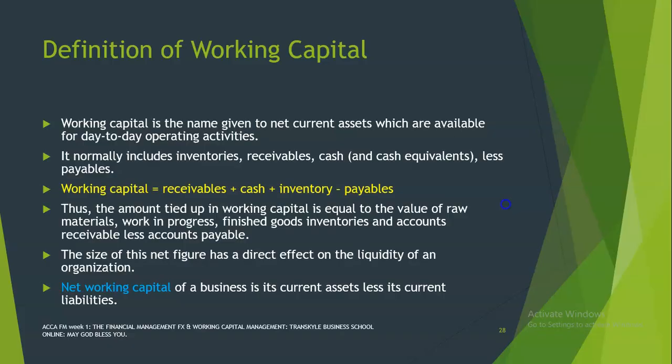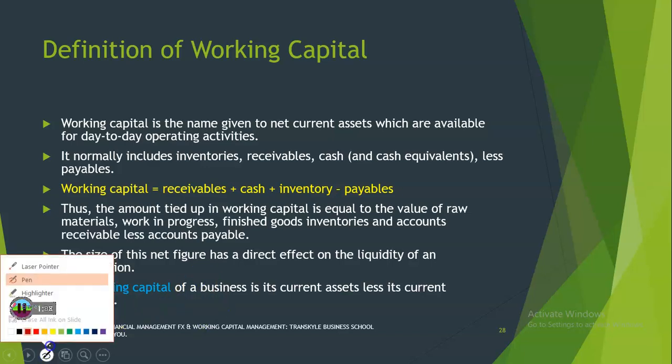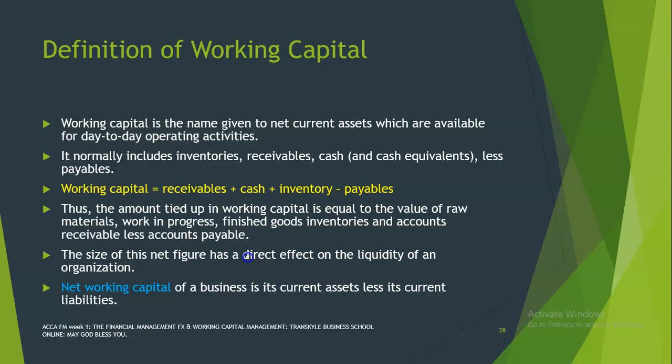So now, what is working capital? Perhaps we need to understand the theoretical spheres of working capital. What is it? Working capital is the name given to net current assets which are available for day-to-day operating activities.